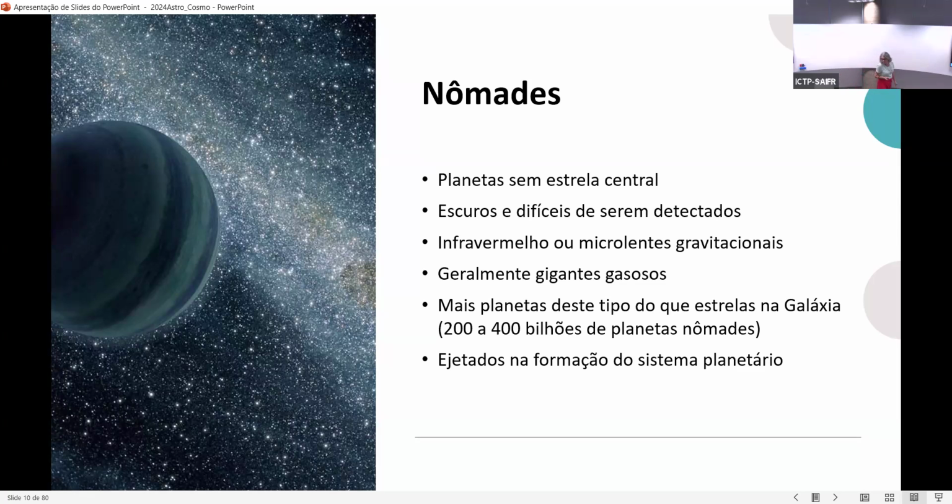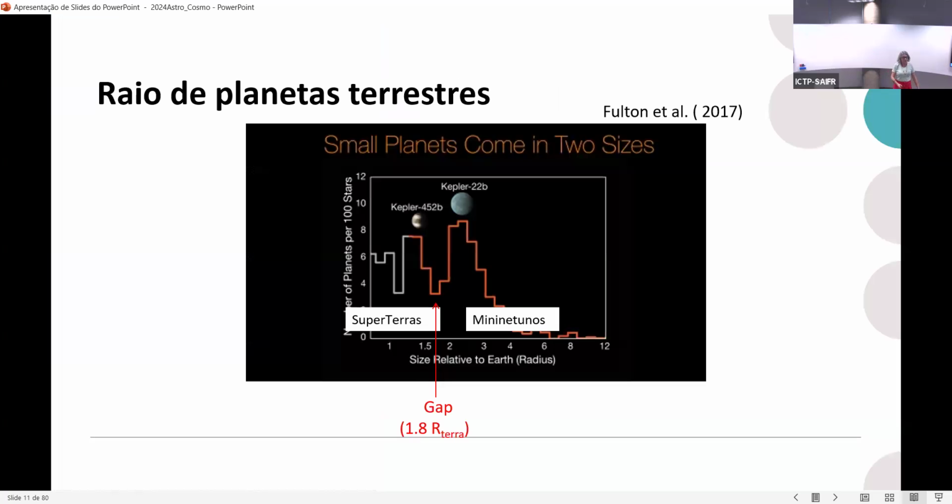Yes. Are there specific conditions also? I don't work with celestial mechanics, so I'm not the best person for you to ask that. But within the estimate of more planets than stars. Yes, exactly. Another question.